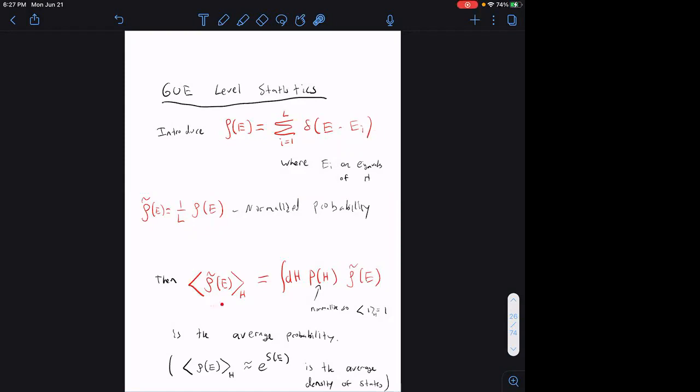As a result, we'll get a smooth function, the average rho, which is like the probability in the ensemble of finding an energy at E.